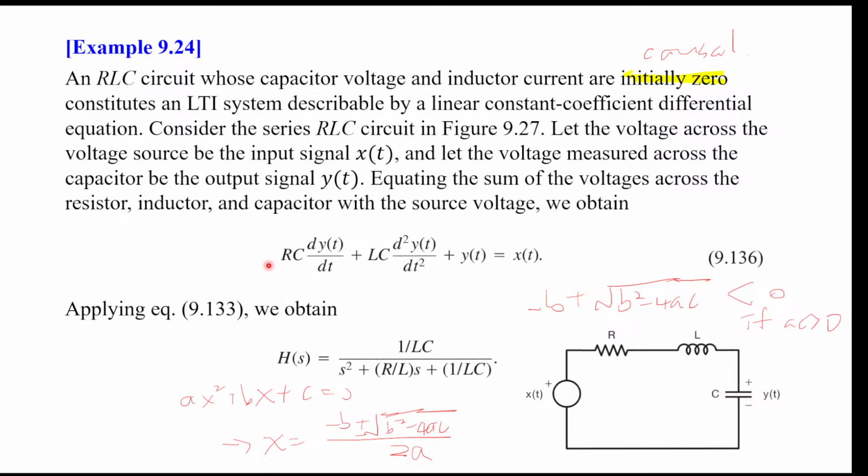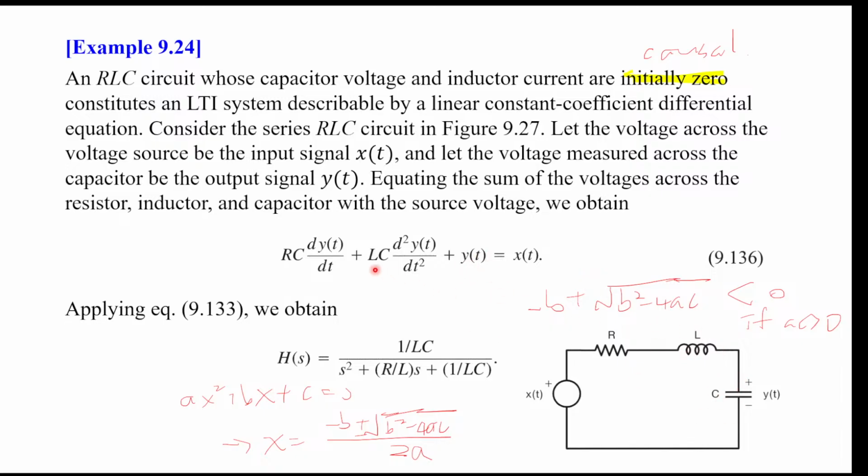So we can write down the differential equation. I haven't said input and output yet. The input will be the voltage here that drives the system, and the output we say is the voltage across this capacitor. We can write down this physics equation. The voltage here should equal these three voltages added together. The voltage across the capacitor is just y.